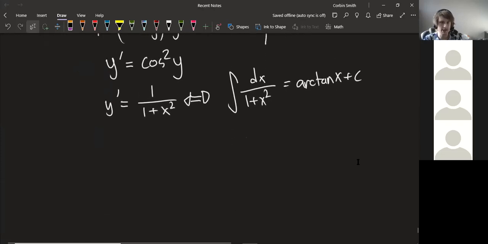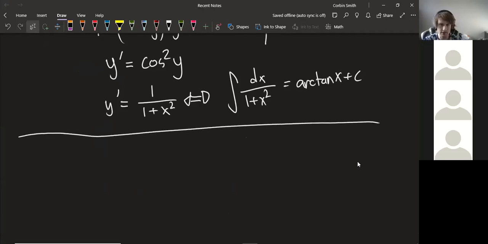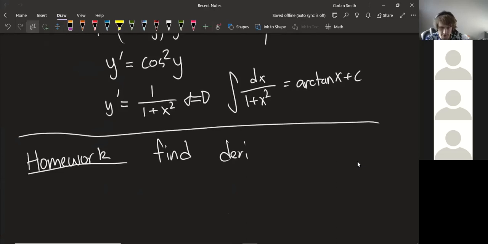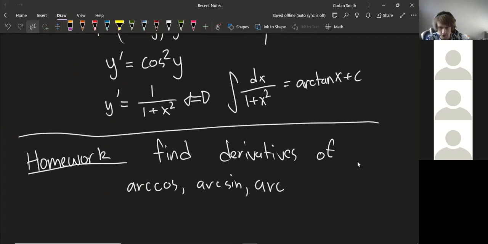And so this is a good exercise for you guys. Just a homework exercise. Find derivatives of arc cosine, arc sine, arc hyperbolic cosine, and arc hyperbolic sine.